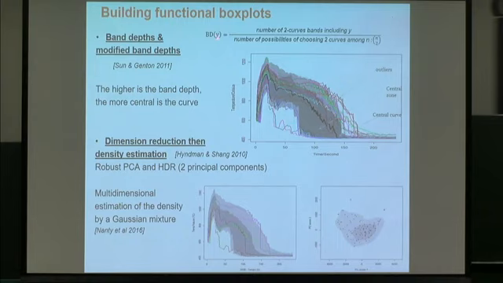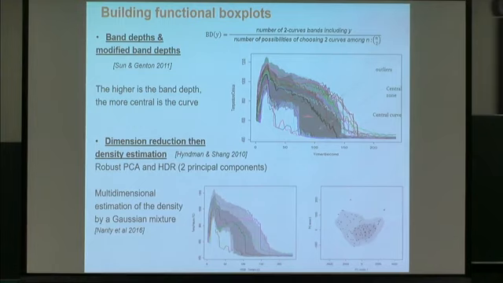The simplest is the following: you take all the combinations of two curves, and for each curve you count the number of bands which include the curve. And you divide by the number of possibilities of choosing two curves among the n curves. So the higher the band depth, the more central the curve.